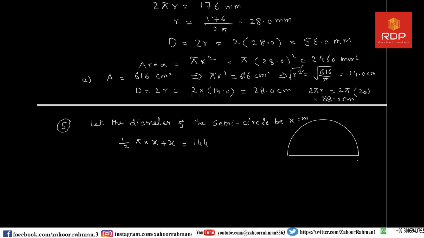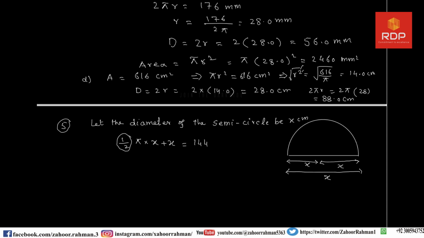Because this is the double of that, so we are taking r. This is totally we considered as x. So 1x will be this and 1x will be this. So we are saying that it is equal to, and half is, this half is because this is a semicircle.